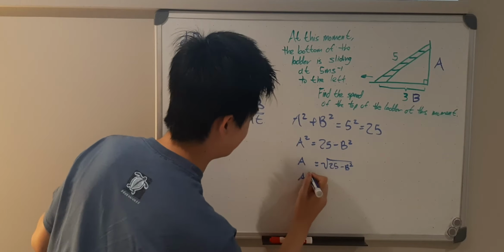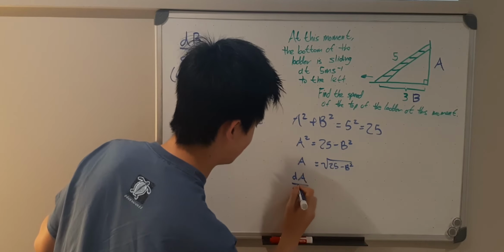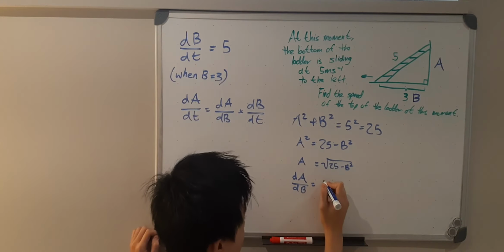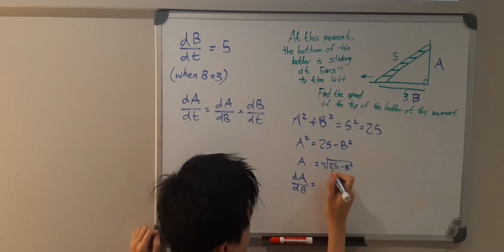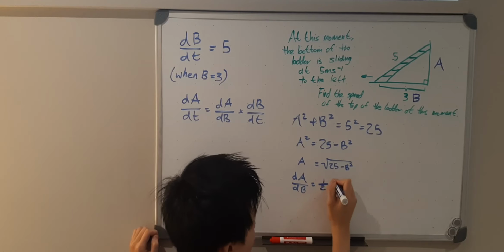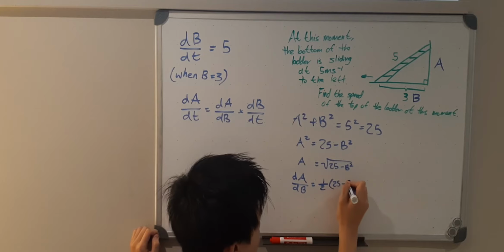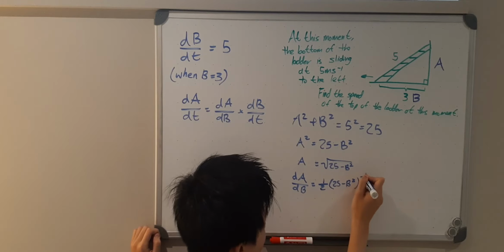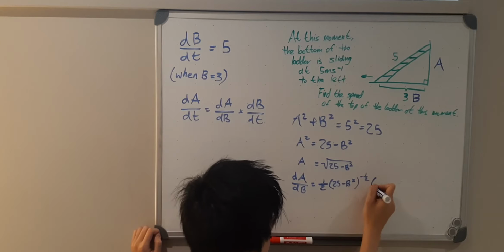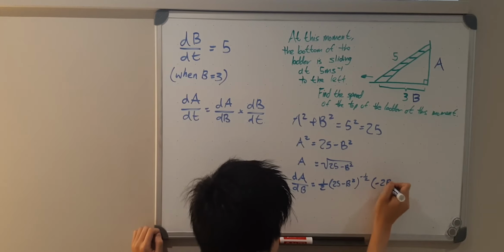So dA over dB, I'll call it, is equal to, first let's apply the square root. The square root is just power to a half. So half times 25 minus b squared to the negative half, multiplied, we have to do the chain rule, by minus 2b.